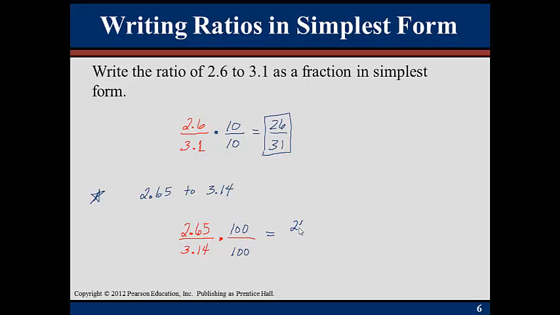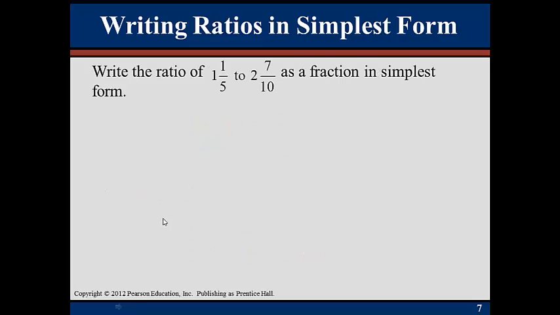So this is going to become 265 over 314. And this is in simplest form. So we can say 265 over 314 is the same as saying 2.65 over 3.14.